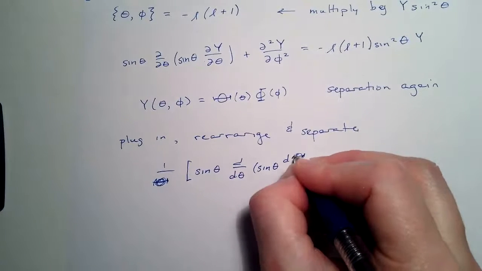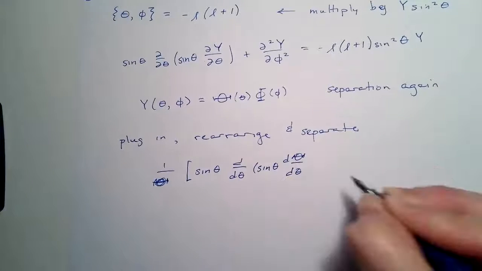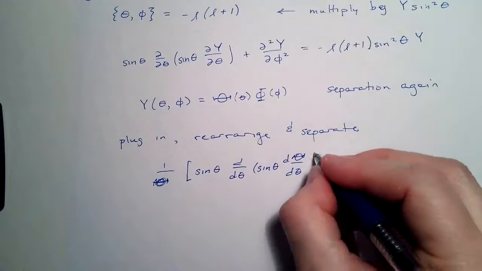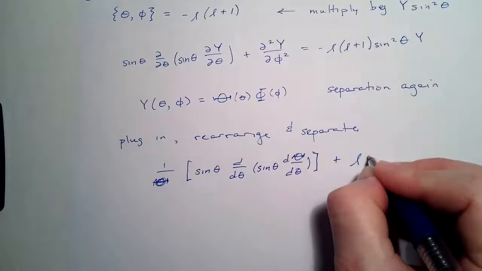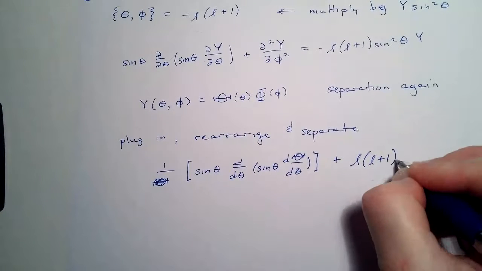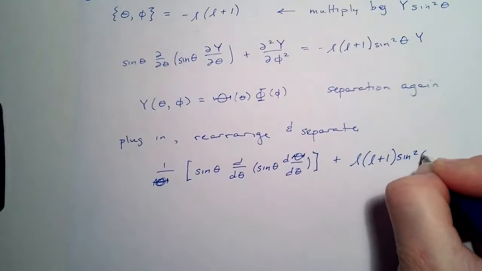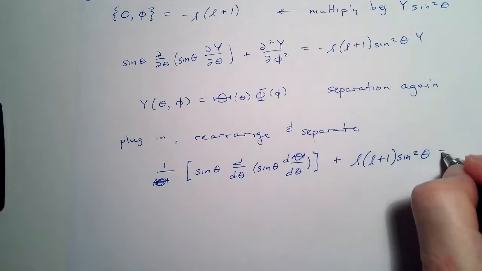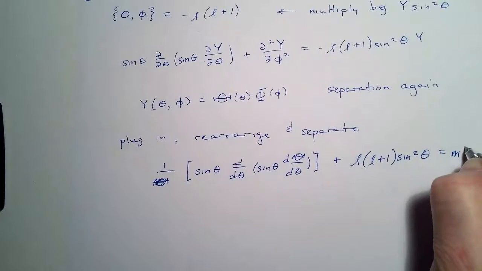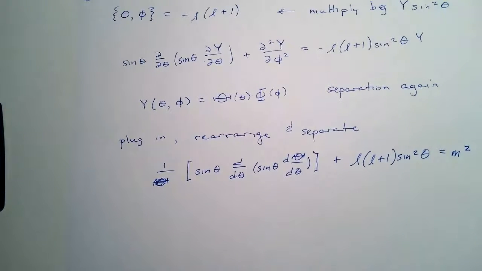Take a derivative of my function with respect to my variable, some brackets. Okay, so that's all the things that are theta dependent. Again, since we can separate them, I'm going to set that equal to a constant.